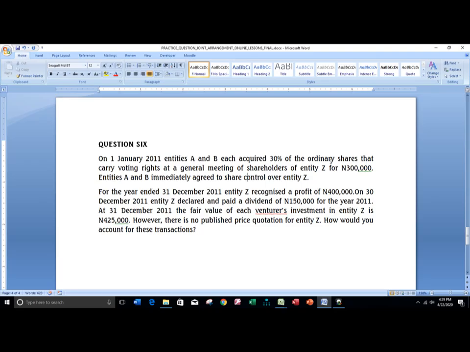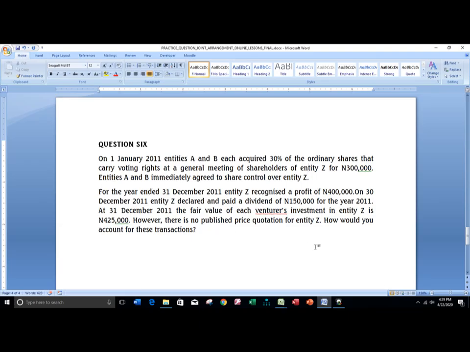Of course there is a separate entity Z. Because there's a separate entity Z, this question is tending more towards a joint venture.